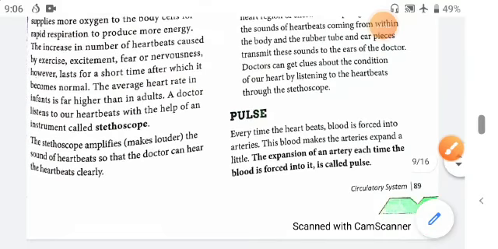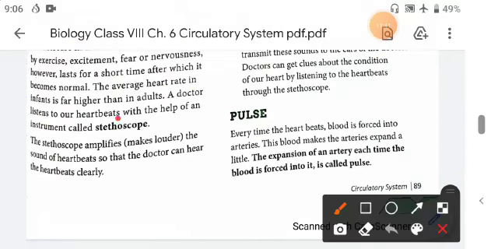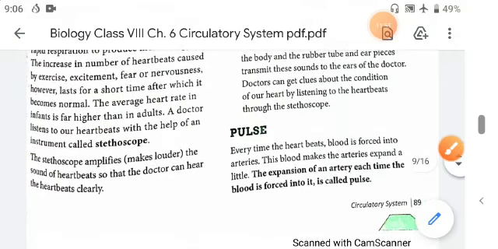A doctor listens to heartbeats with an instrument that is called the stethoscope. So what is a stethoscope? A stethoscope is an instrument which is used to listen to the heartbeats. The stethoscope amplifies the sound.